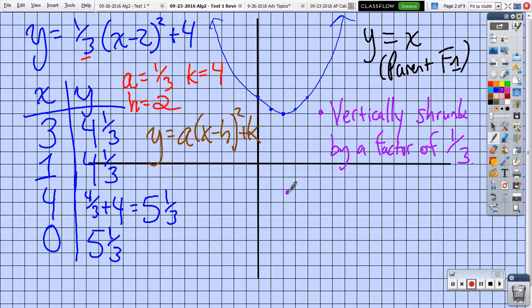It would not, because this has an a value that is positive. There was no reflection, so we don't have to state it, but I'm going to state it anyway to be clear: there's no reflection in the x-axis.